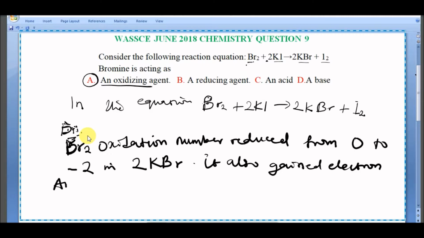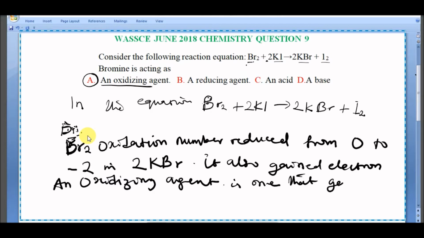So from definition, we can say that an oxidizing agent is one that gains electrons.